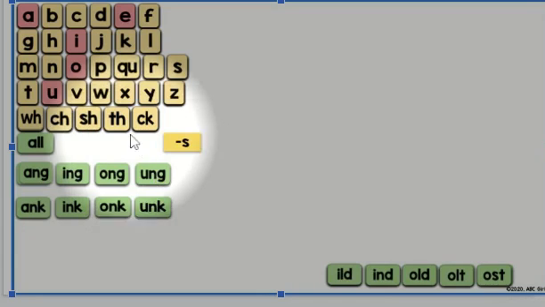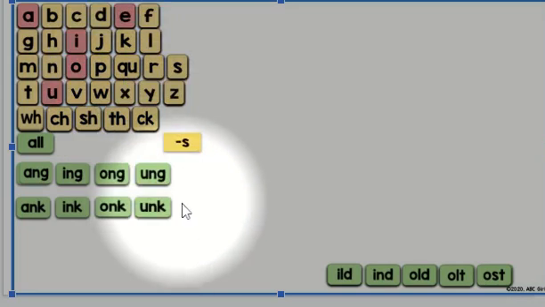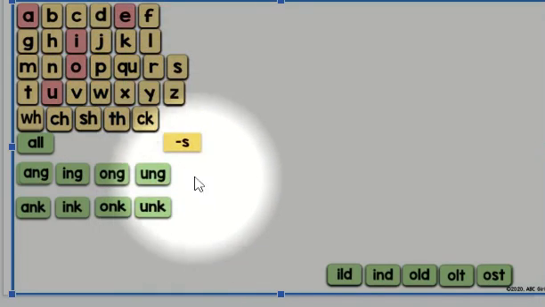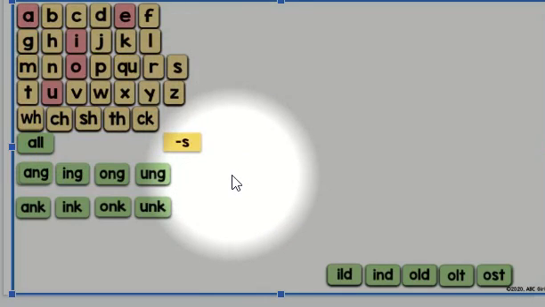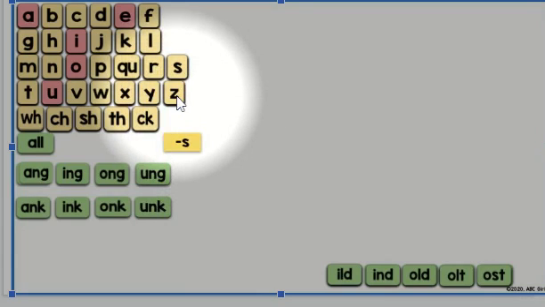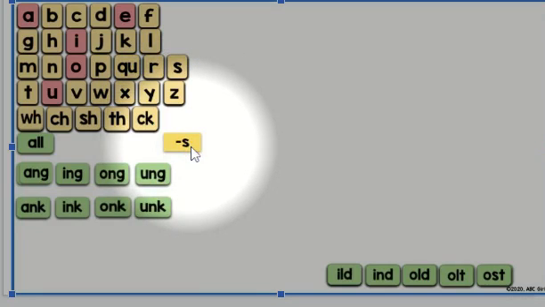Repeat and point to P. What says repeat and point to U. One more. What says z? Repeat. Z and suffix s. Remember, suffix s can make that z sound too.